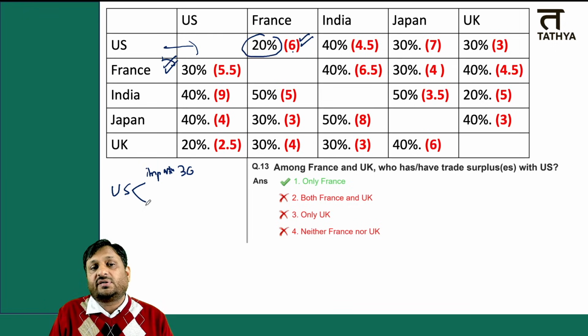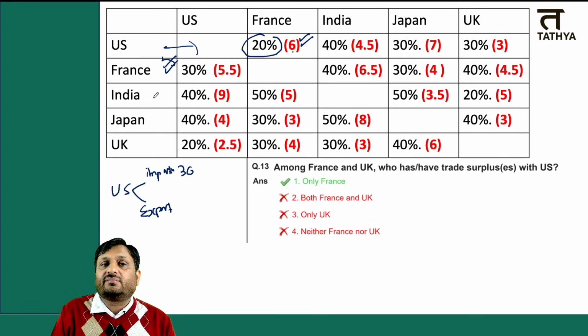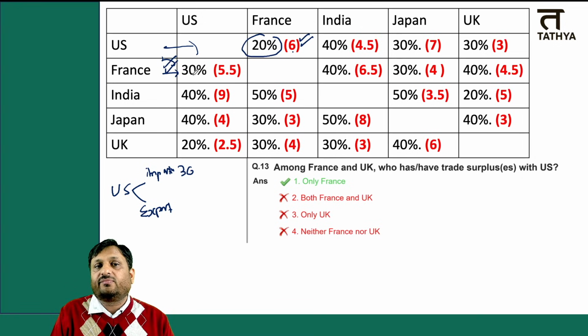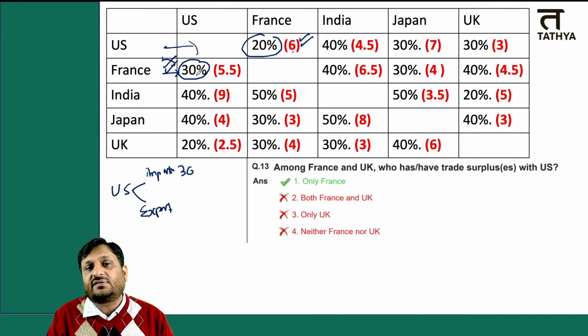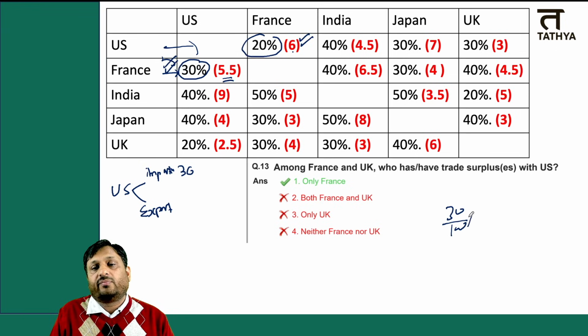And how much is the US exporting? US exporting means France is importing. Now, France is importing from US, France charges 30%, which is equivalent to 5.5. So, 30% of total import from US to France, that is K, is 5.5. So, K must be 55 by 3.